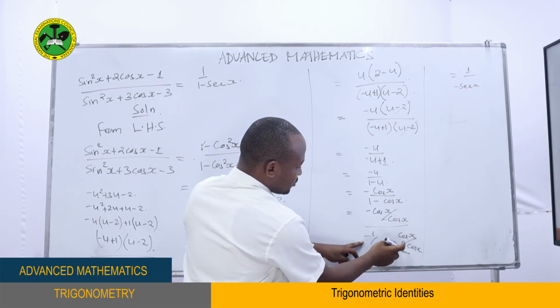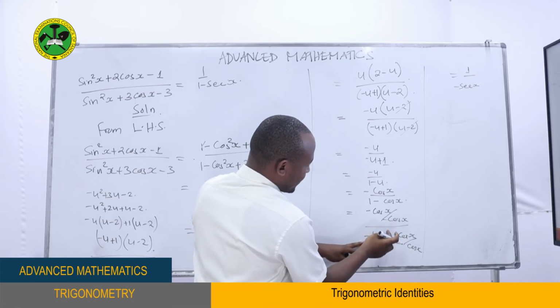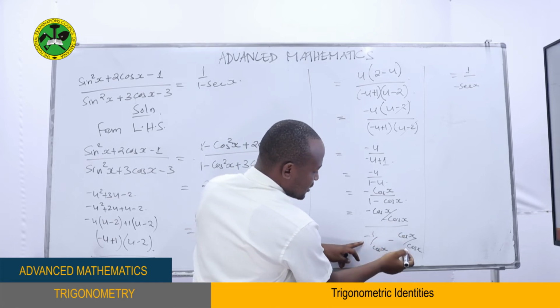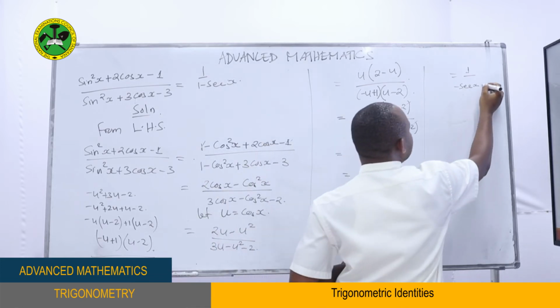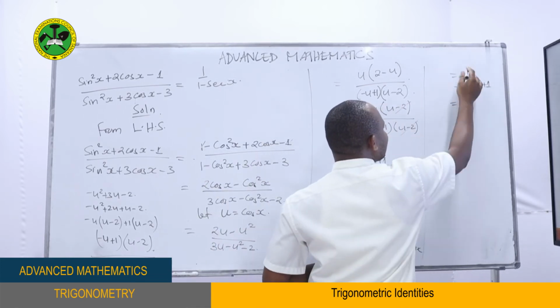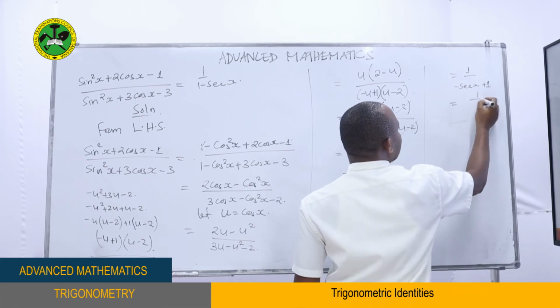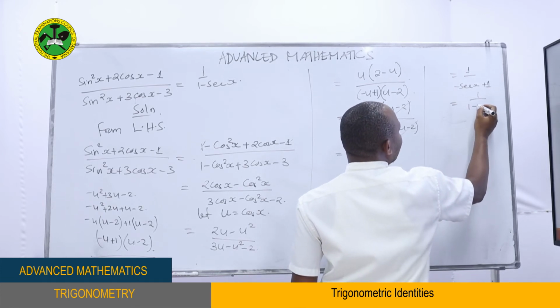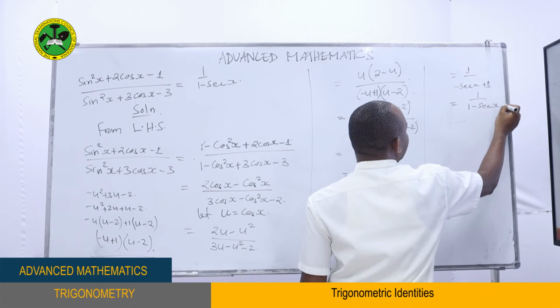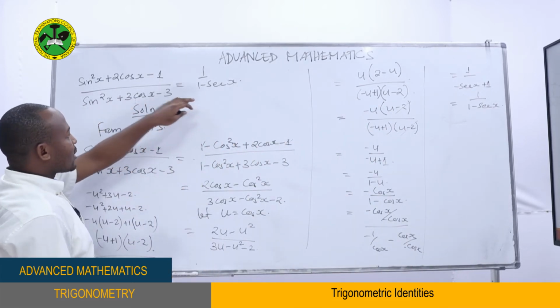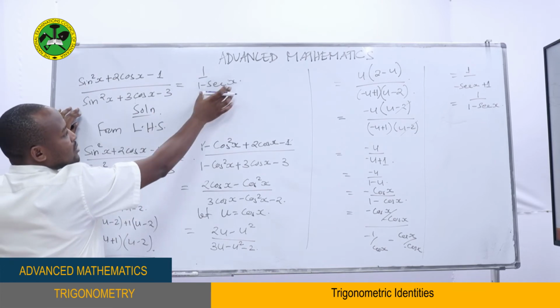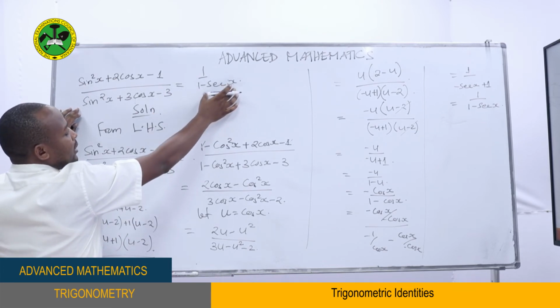And there we have a negative, that means negative and negative will be positive 1. Writing that much correctly, we are going to be left with 1 minus sec x. As you can see, the results from left hand side are equal to the results from right hand side.